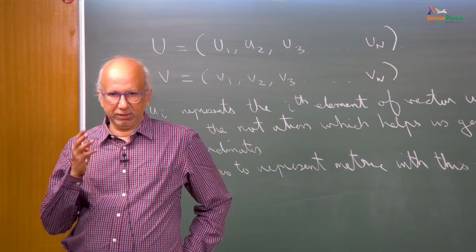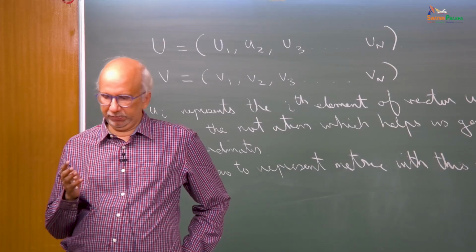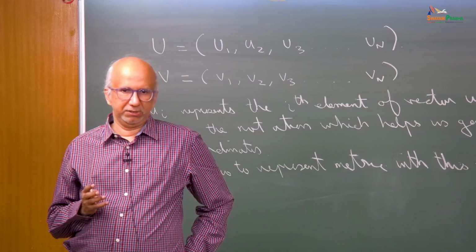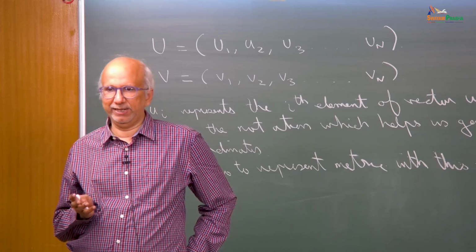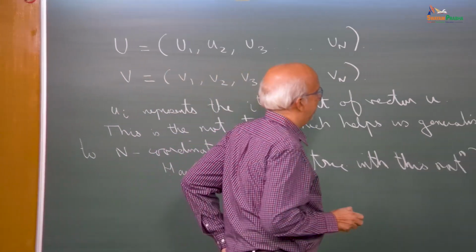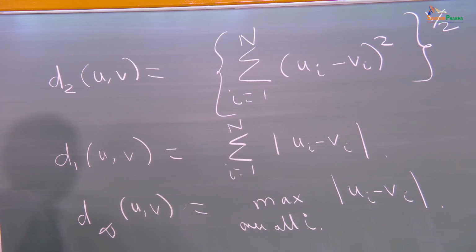So, I said metrics have to satisfy certain axioms. Distance between u and v must be the same as v and u, the distance must be positive. If it is 0, that means the two vectors are identical. So, things like that, okay. So, basically I am saying these are three possible ways by which you can define the metric.